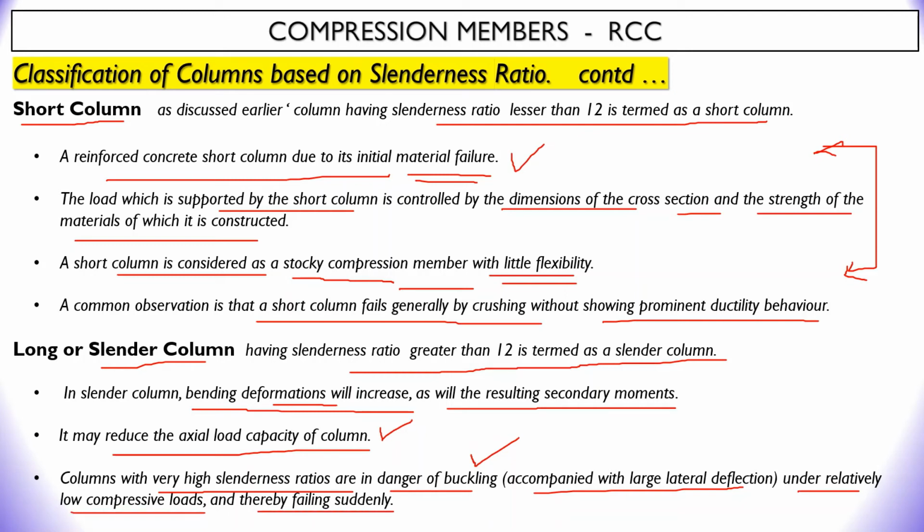So a slender column has a higher probability that it will not fail by compressive loads, but by lateral deflection, which is termed buckling. So when you design a slender column, you have to take into consideration the buckling behavior of the column. Later on, when we design a column, we will be using the formula related to the crippling or buckling load of the column.